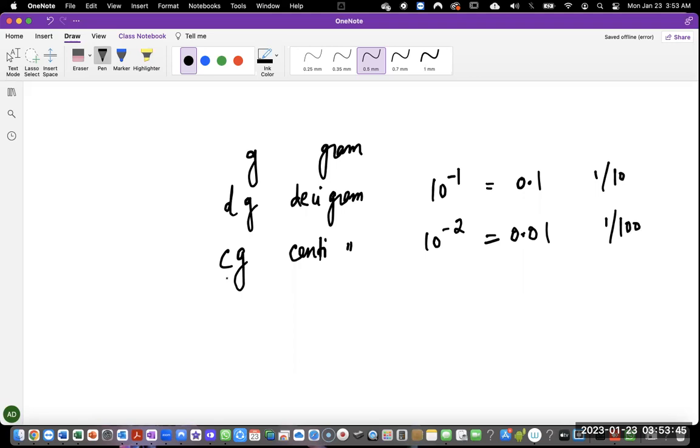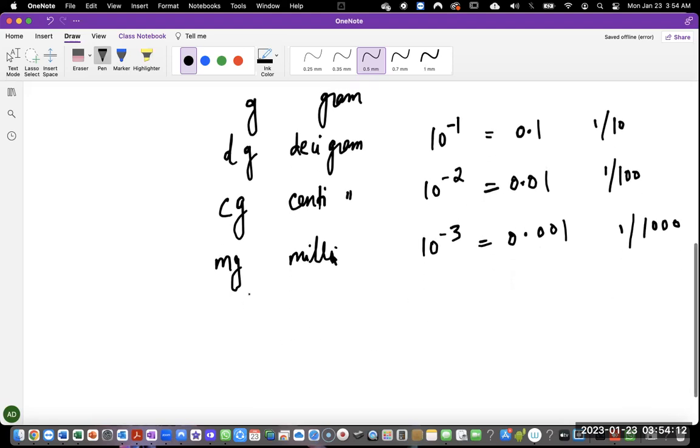Now, what is smaller than centi? It's small m. If you see small m, it means milli. So if you have a milli sitting in front of G, you call it milligrams. So milligrams is 1/1,000. This is 10 to the power -3. So this will be 0.001. So you're getting smaller and smaller with these prefixes.